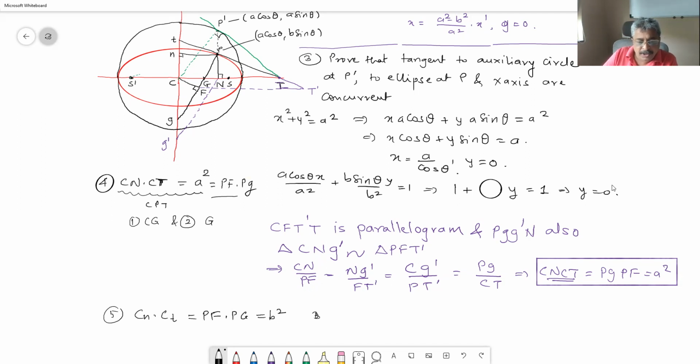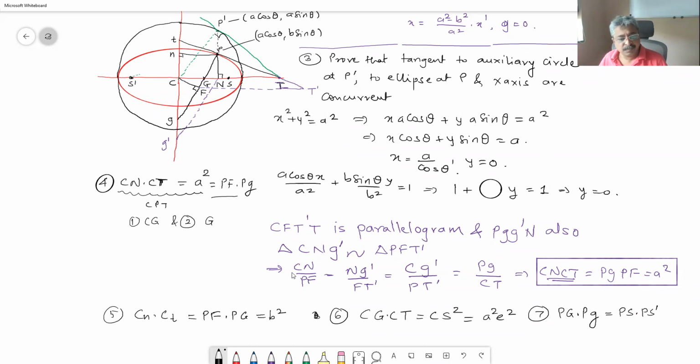Third property, I mean sixth property, CG into CT is equal to CS square, which is equal to a square e square. And the seventh is PG into Pg is equal to PS into PS dash.